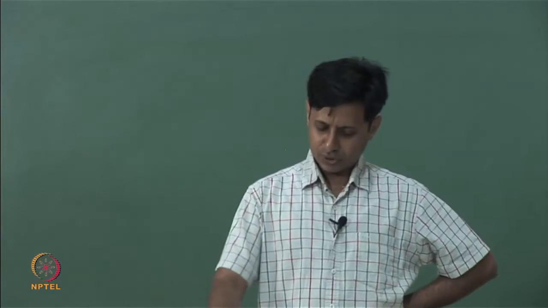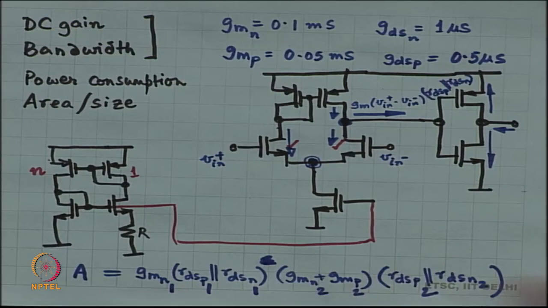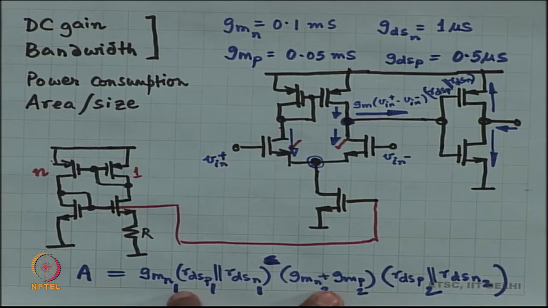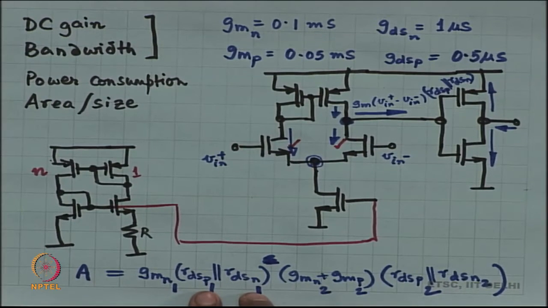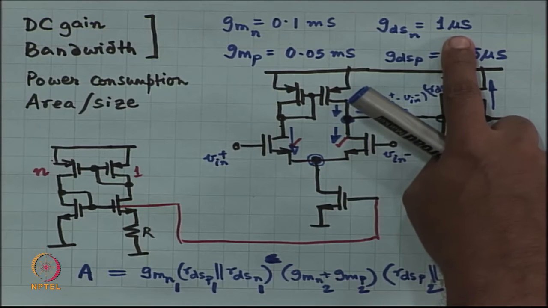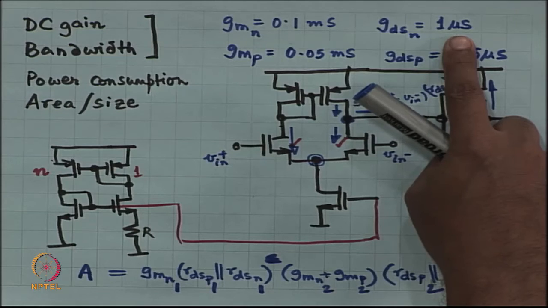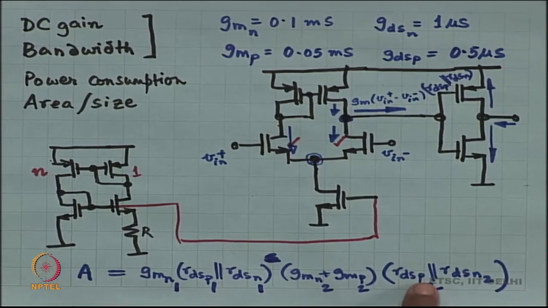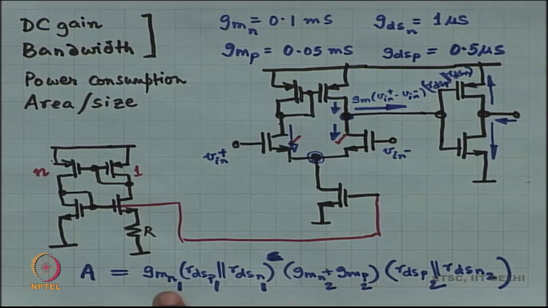Okay. Suppose Gm is equal for everything, then I have got 0.1 over here, 0.1 plus another 0.1. So, 0.1 times 0.2, right, and RDSP in parallel with RDSN, where RDS N is 1 mega ohm. So, RDSP is also going to be 1 mega ohm. So, this is 500 kilo ohms, this is also 500 kilo ohms, right.